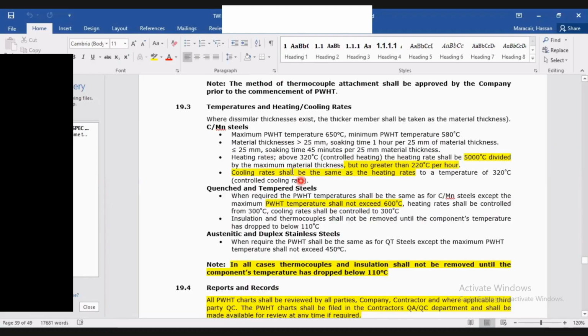What we can see here is that there are three materials mentioned in 19.3: carbon manganese, quench and temper, and austenitic duplex stainless.